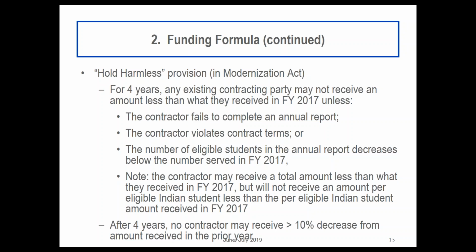After expiration of the 4 years, the Act provides that no contractor may receive more than a 10% decrease from the amount received in the prior year.